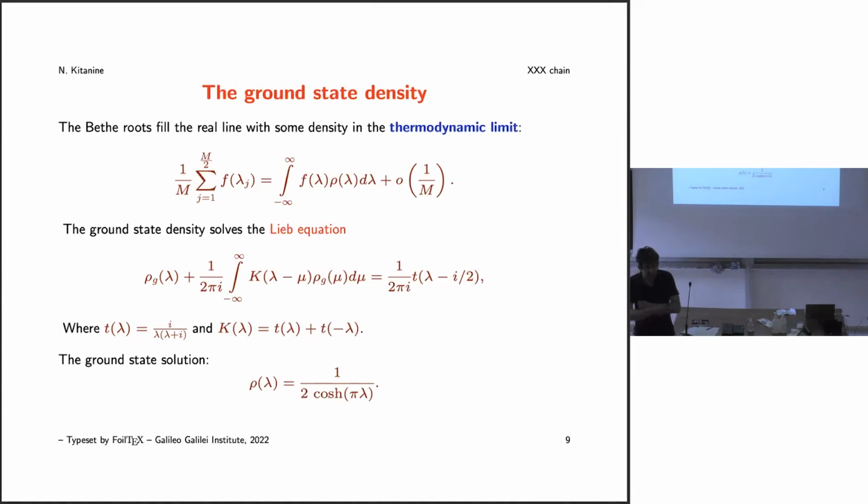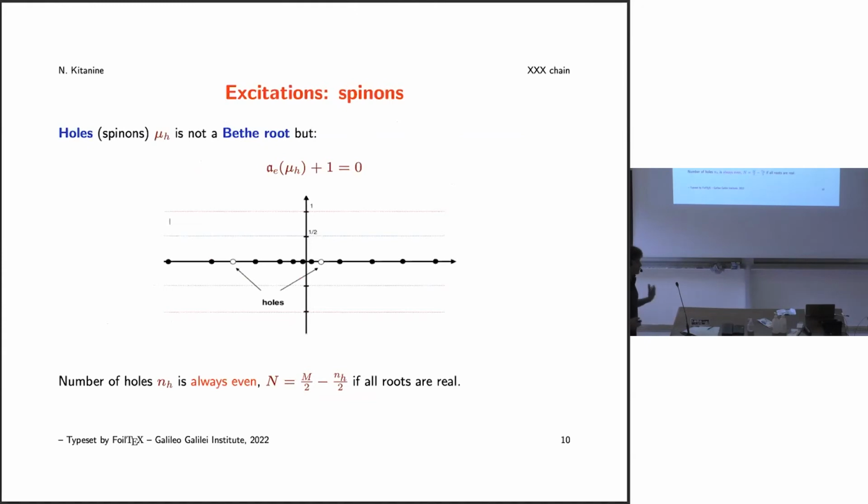Now, the next question is how to construct the excited states. And here there were many approaches. Bethe himself started this story, but I will use a little bit different picture, and I'll explain why. So how do you construct the excitations around the ground state?